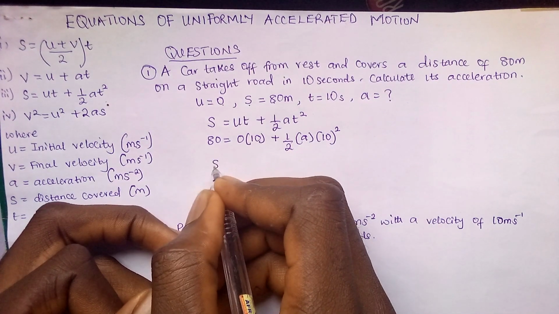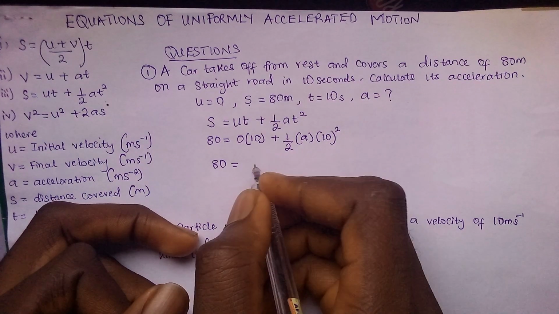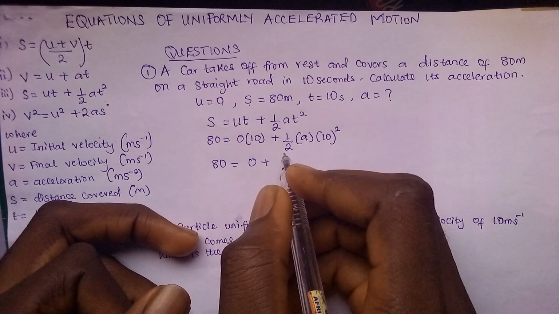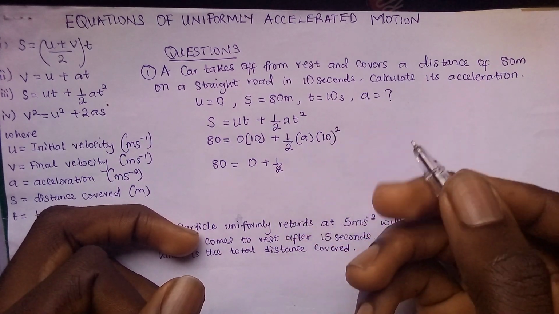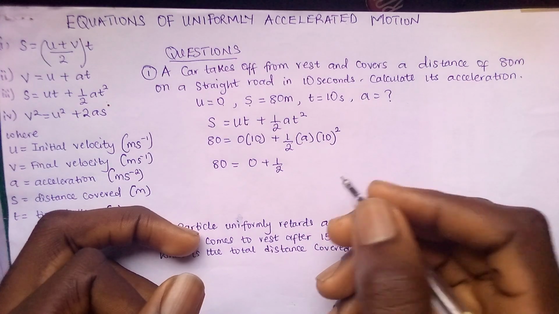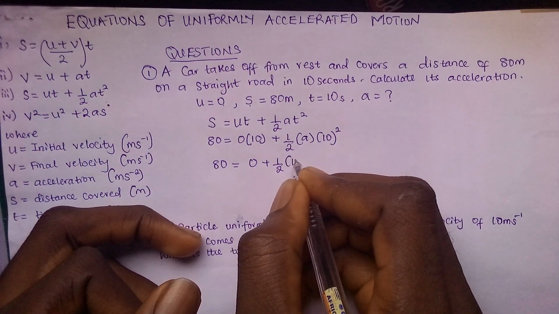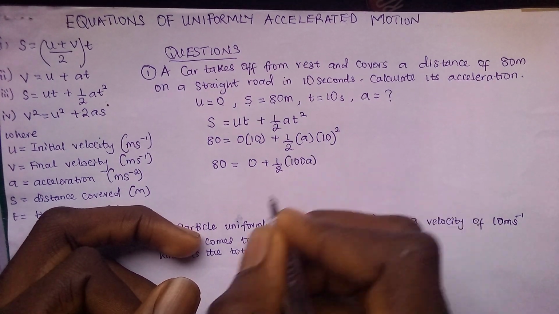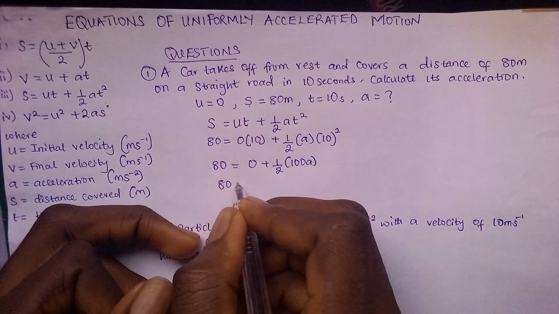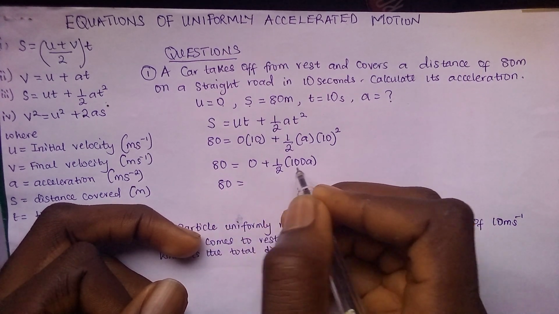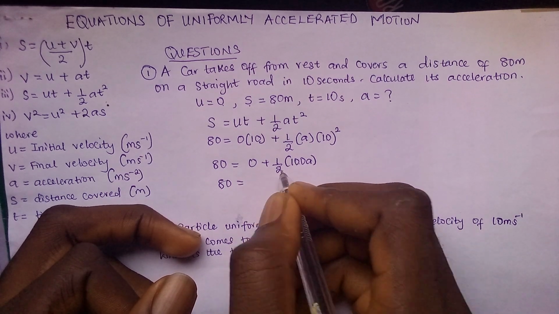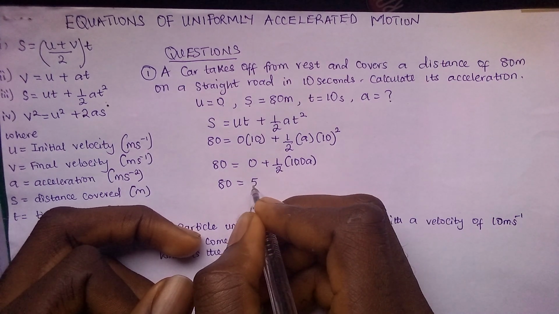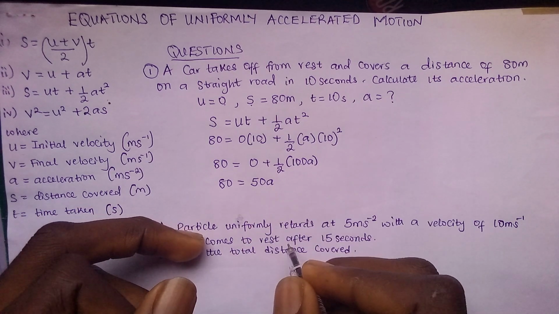So this becomes 80 equals 0 times 10, which of course is 0, plus half. 10 squared is 10 times 10, which is 100, so I have half of 100a. So 80 equals, since 100 divided by 2 is 50, 50a.